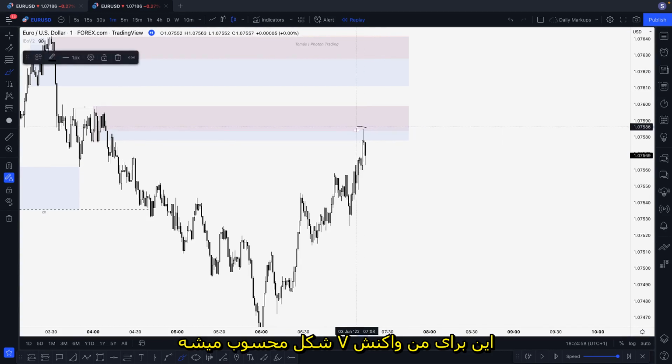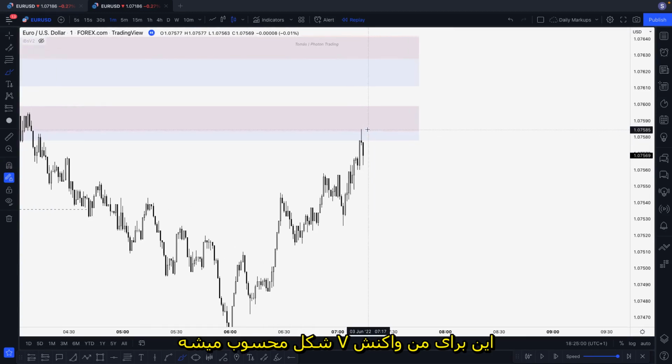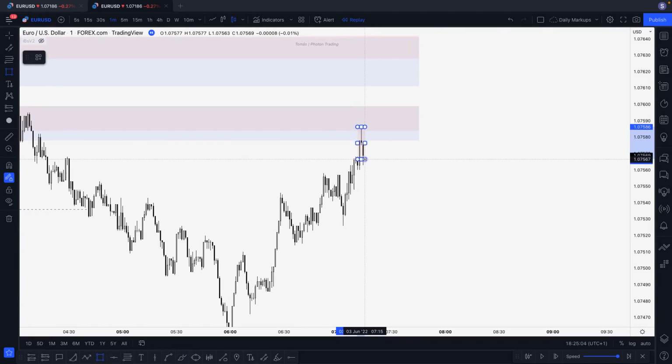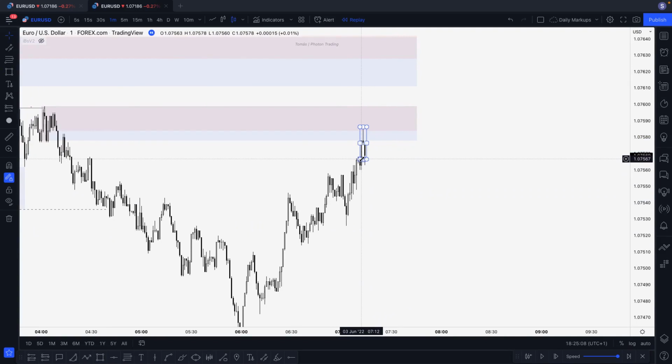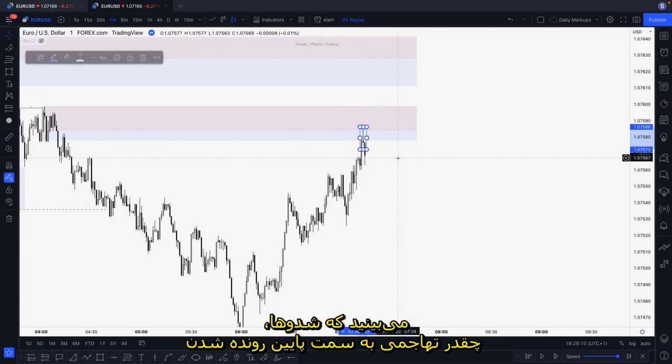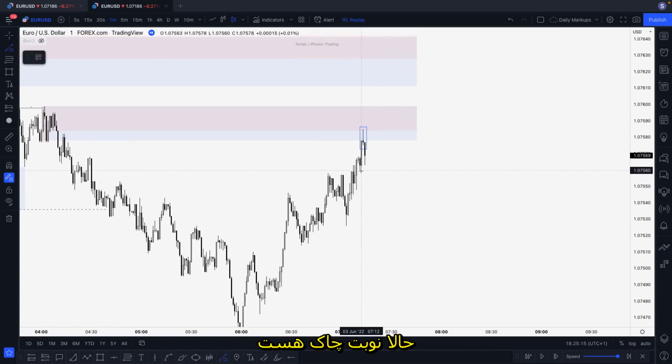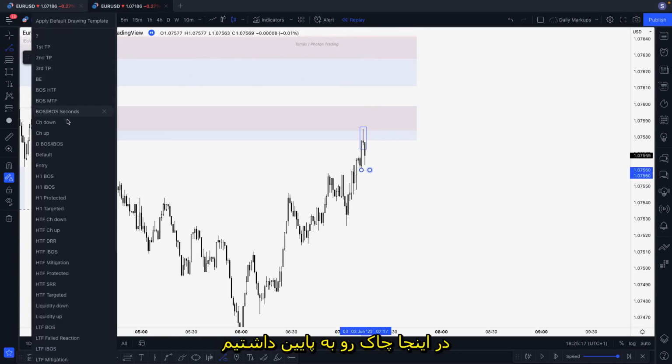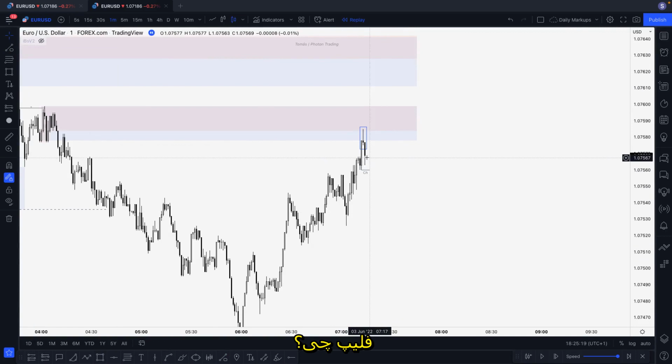V shape. For me, this V shape. You can see the wicks, right? Aggressive push to the downside. Change of character. Okay, it's here. The shock down, and the flip.